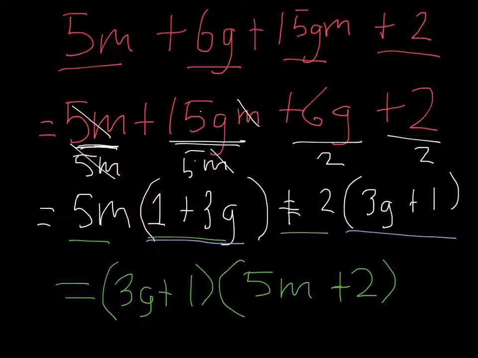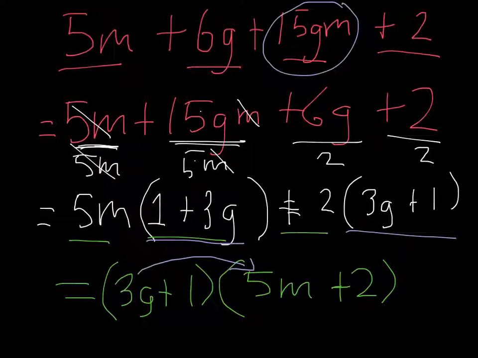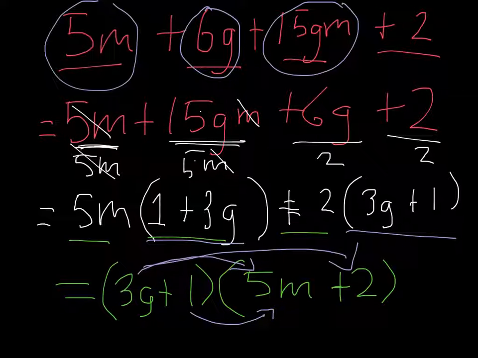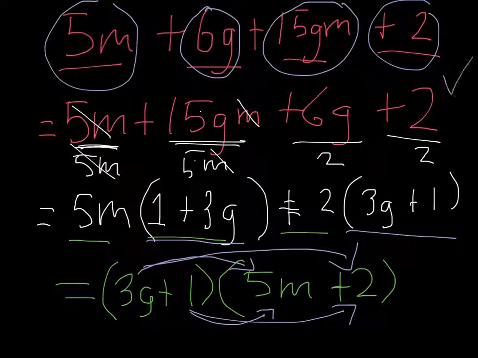As mentioned at the very start of this video, you can check your answer by applying the FOIL method, and let's do it with this one. 3g times 5m gives us 15gm. 3g times 2 gives us 6g. 1 times 5m gives us 5m. And then 1 times 2 gives us 2. So you can see that our answer is spot on.